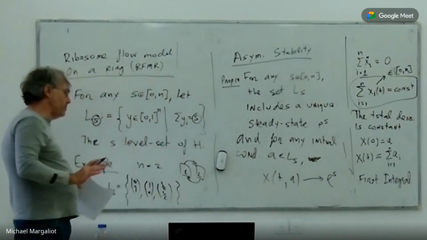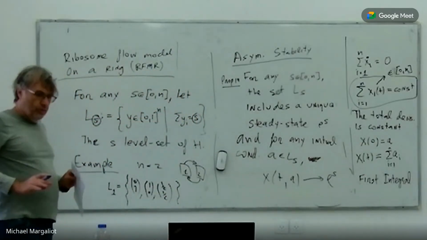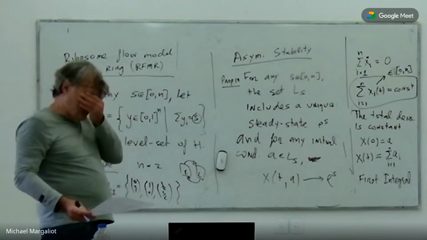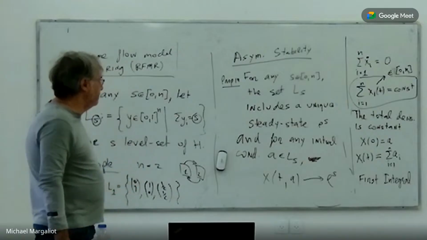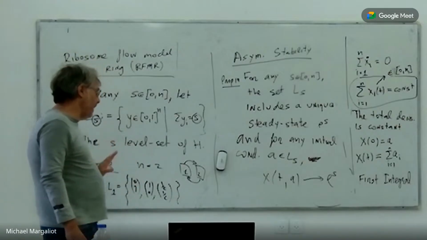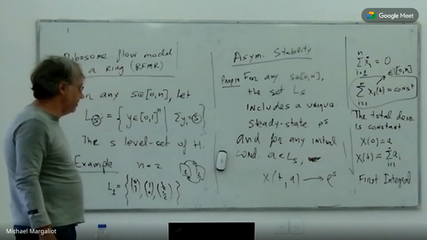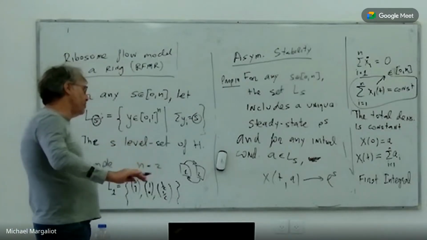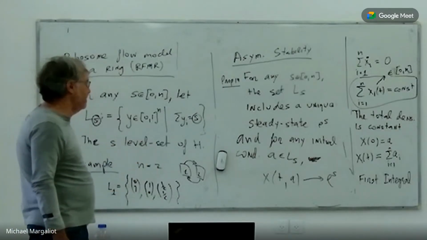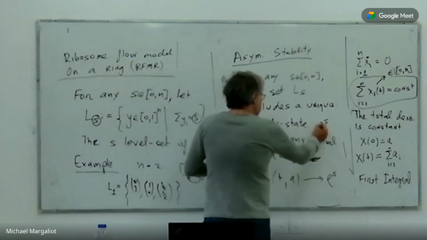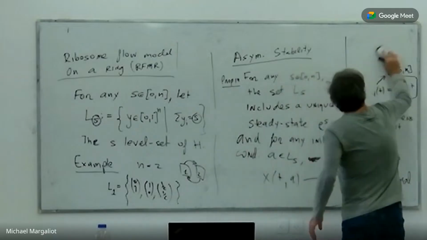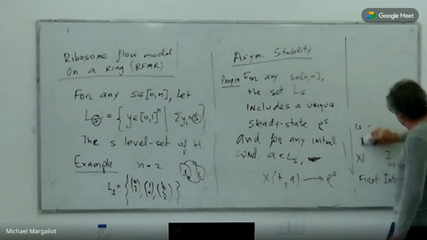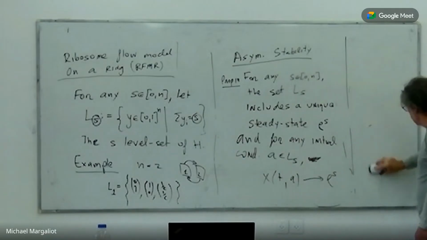So we fix an initial condition on this manifold LS, and then for any such initial condition, it will converge to this unique steady state on LS, which we call ES. So let me make a schematic graph of what this means, or some intuitive explanation.